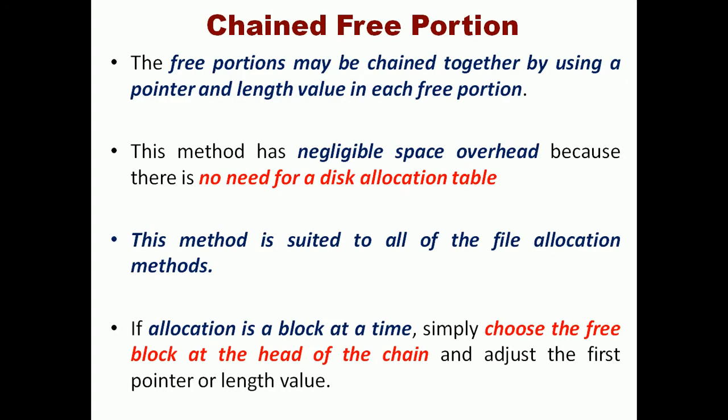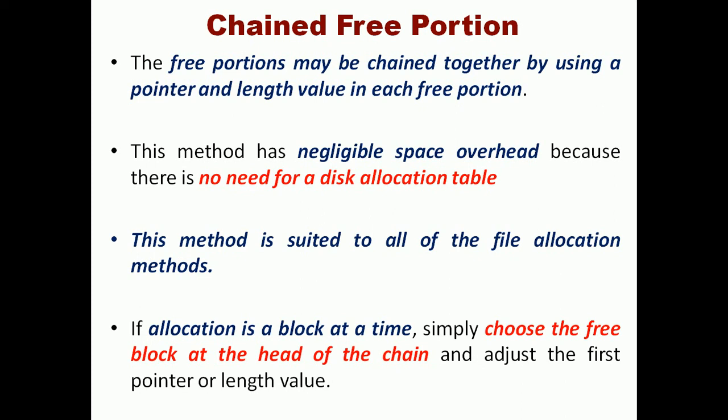Next, the chained free portion. How are we going to maintain that? It is like a linked list. We can say simply it is a linked list. All the freely available disk blocks are associated with pointers.